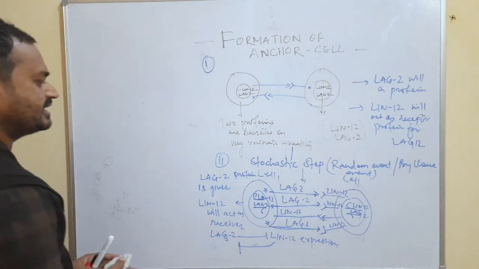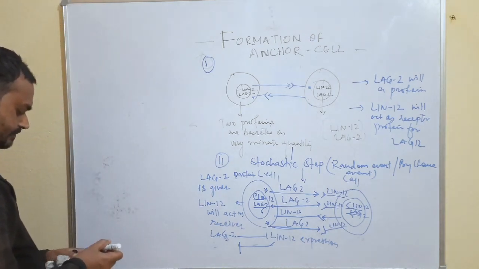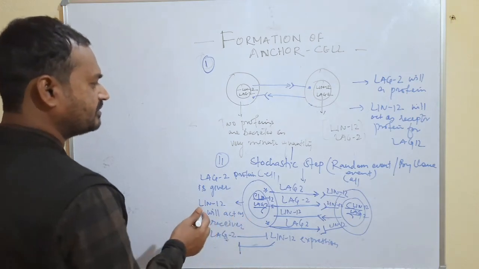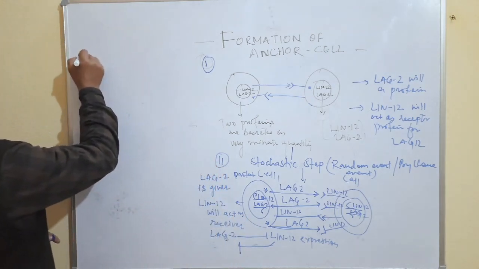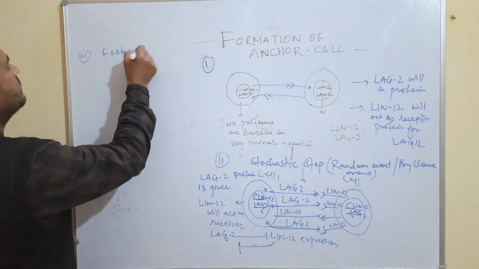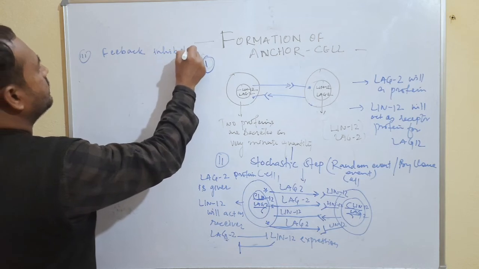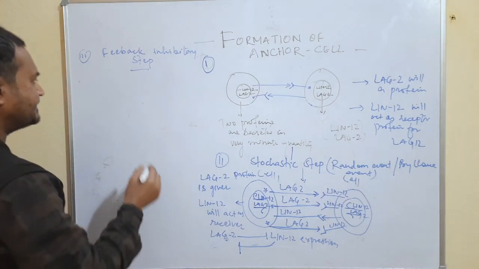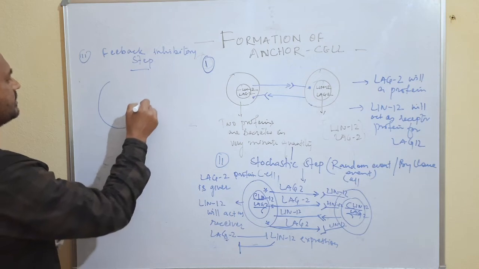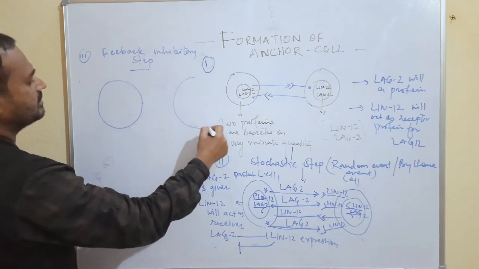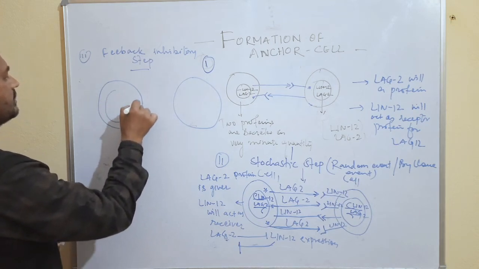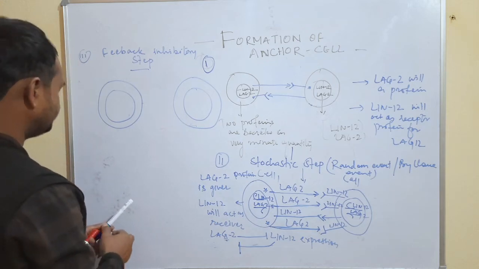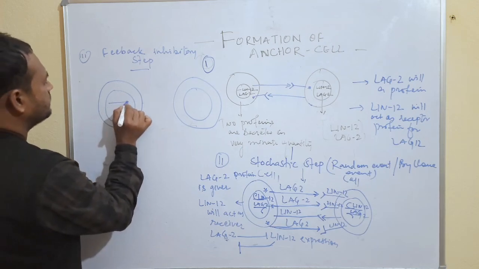In the next diagram we can see what is called the feedback inhibitory step, and the third step is the feedback inhibitory step. In this step, this is the nucleus.